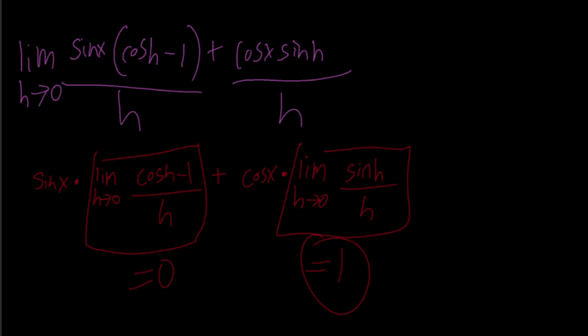And as for this one, why it's equal to 0 is because when the h value is really small, cosine of h minus 1 becomes even smaller than the h variable. And when you divide a number by an extremely, extremely tiny number, then it becomes 0. But this is just something that you just have to know. So I just tried to explain to you why, but you just have to know that that's what it does.